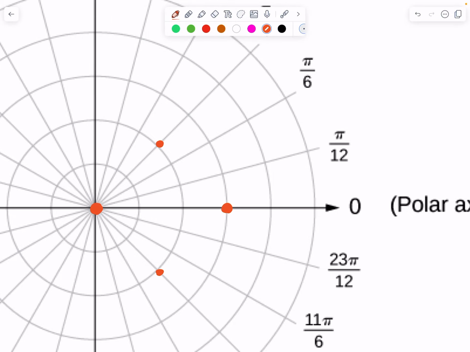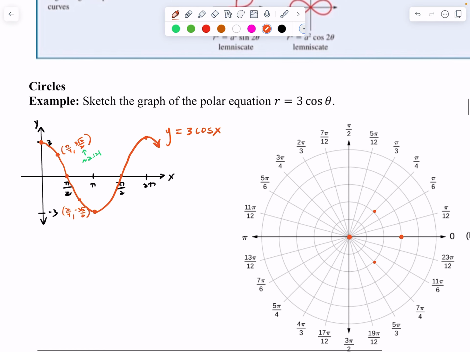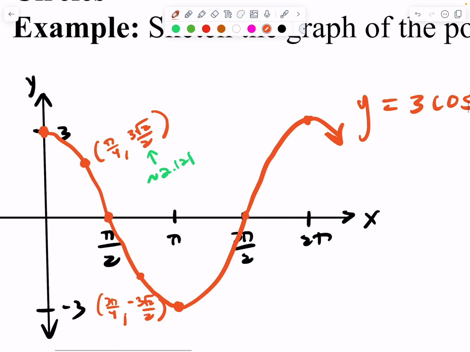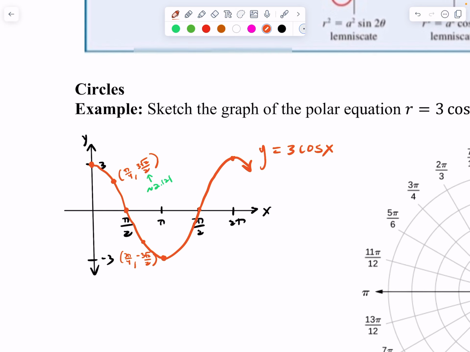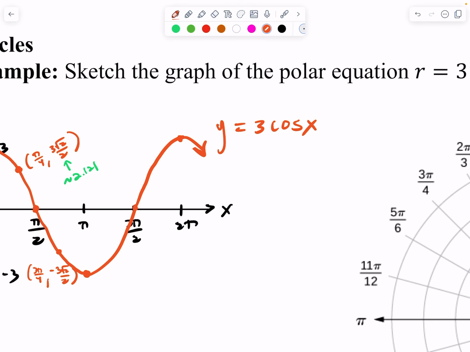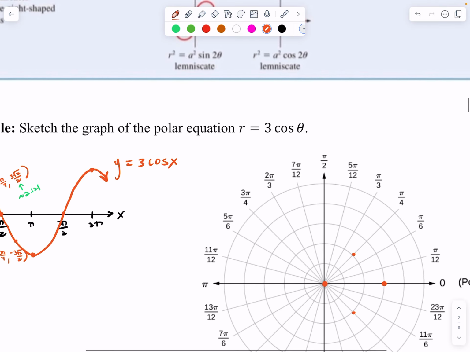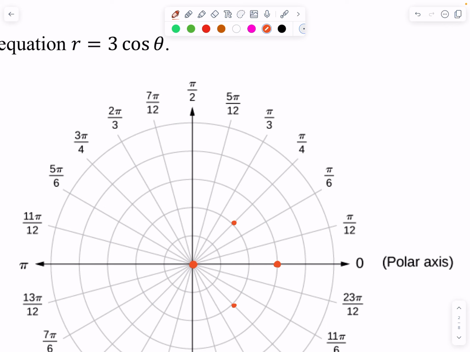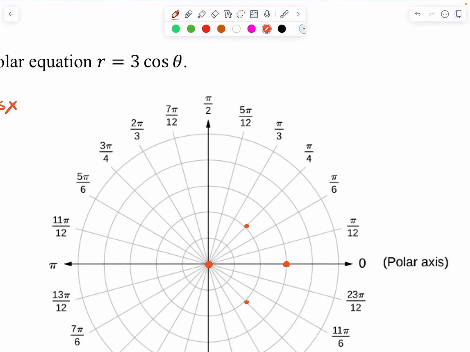And I know some students ask me, is it a square? Well, no, we could keep finding additional points. If we were to plug in pi over 6, we would have gotten 3 root 3 over 2. And if we keep choosing, like 2 pi over 3, we could have gotten negative 3 halves, and so on.